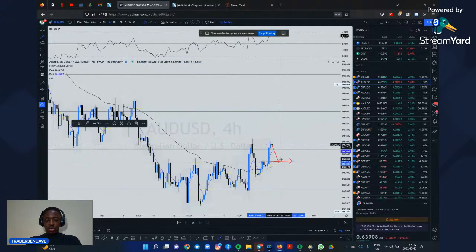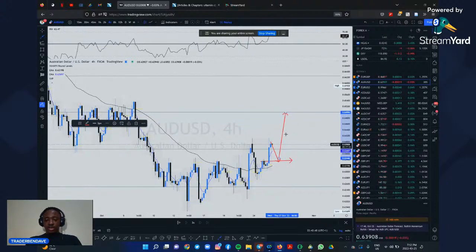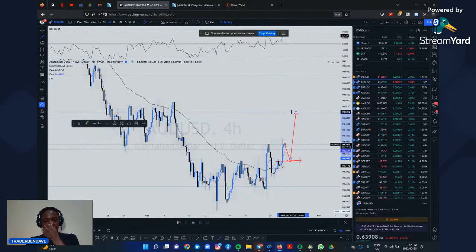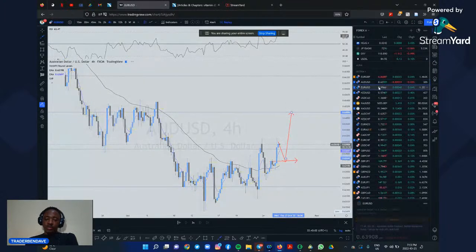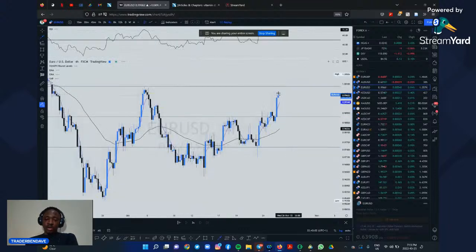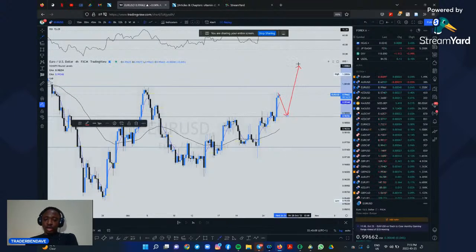And I'll look to go long here, 1.6500. So if we get those USD strength coming into the market, this is how I'll be treating it. I'll wait for a pullback on AUD USD and go long. Wait for a pullback on Euro USD and go long.